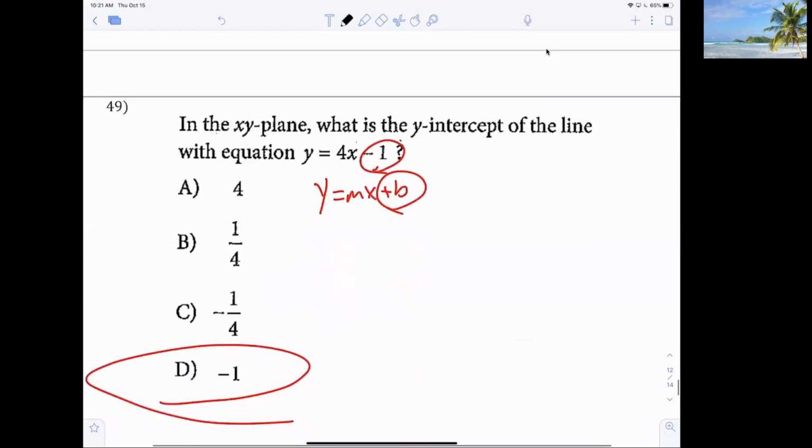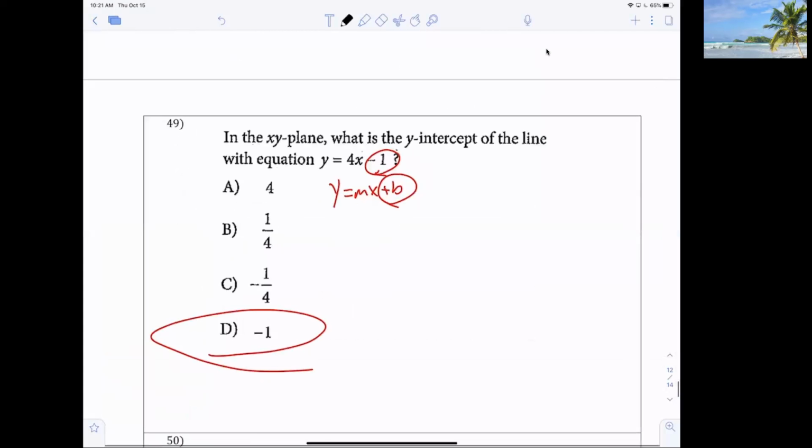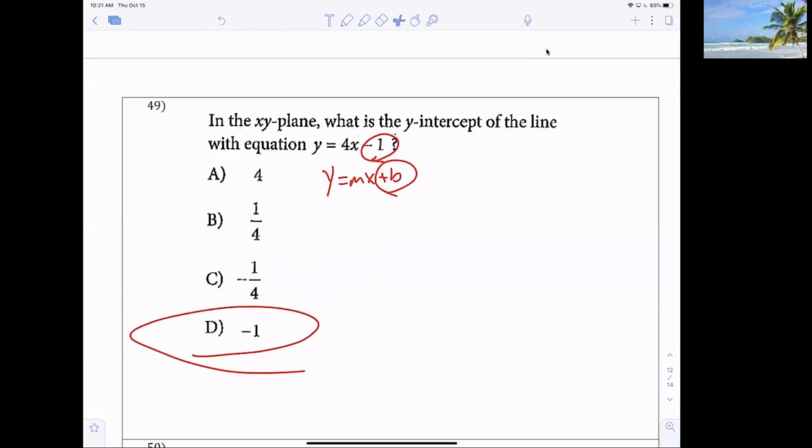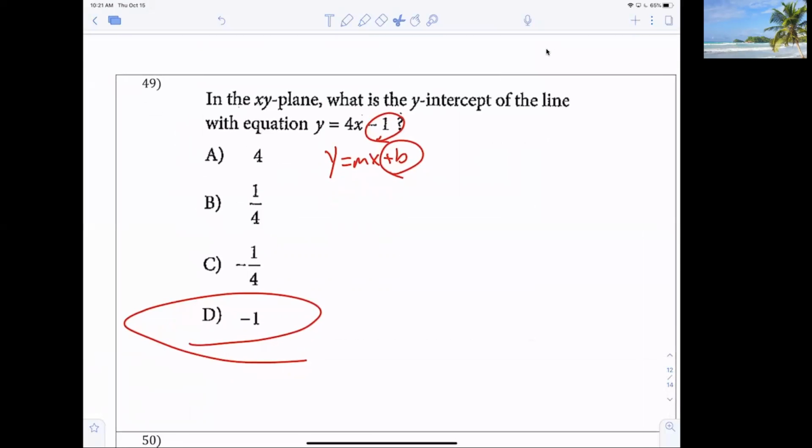All right, let's look at 49. Well, that one I don't have much to tell you. Remember, y equals mx plus b, and b is the y-intercept, correct? It'd be negative 1. Yes, so it's negative. Everybody still good?